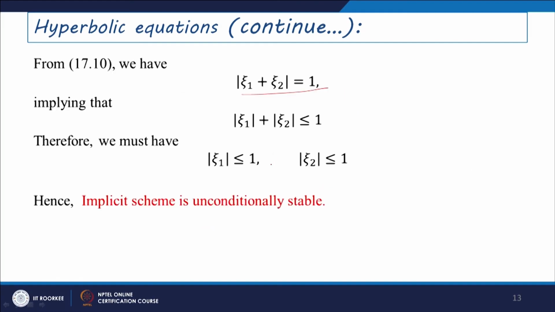So we have the absolute value of zeta 1 less than or equal to 1, and the absolute value of zeta 2 less than or equal to 1. Hence, the scheme is unconditionally stable, and especially we can say that the implicit scheme is unconditionally stable for hyperbolic equations. Thank you for listening to this lecture.